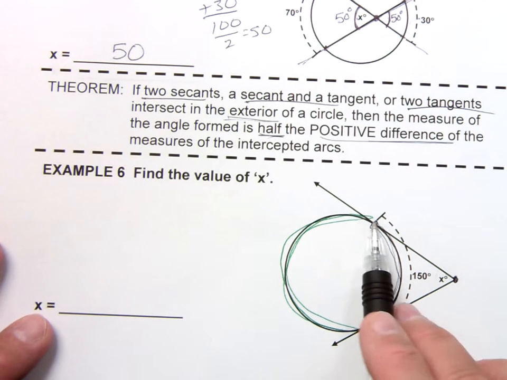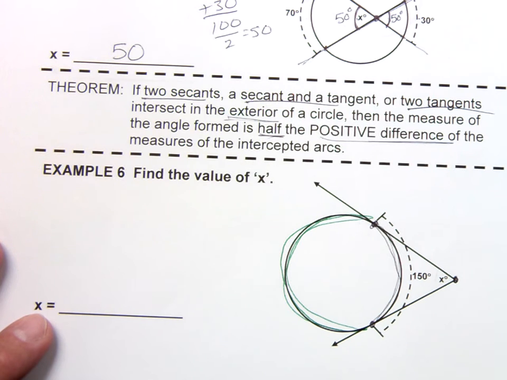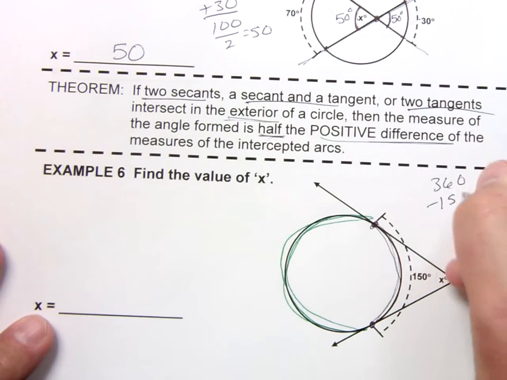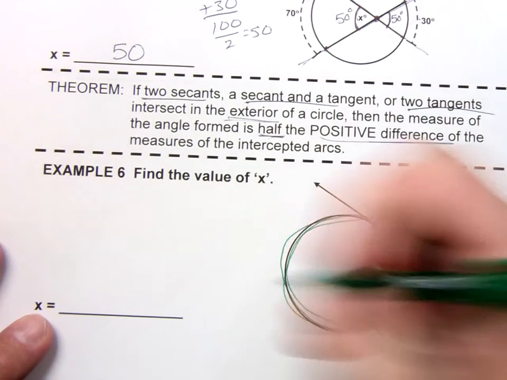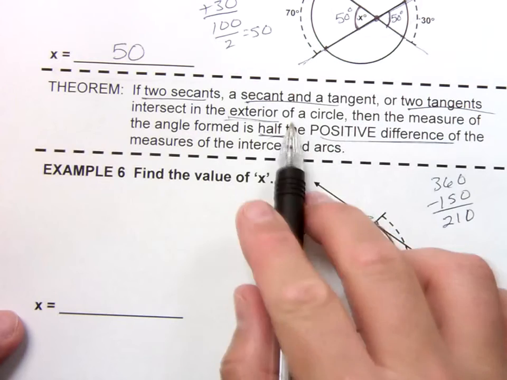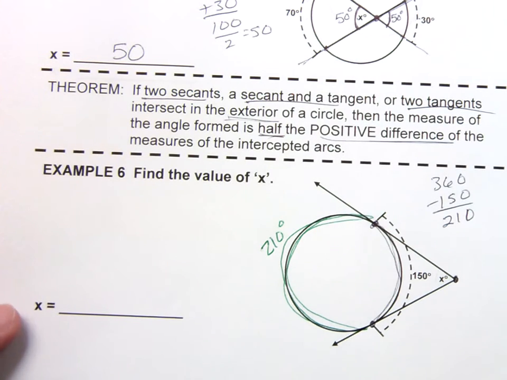So first off, there are 360 degrees in a full circle. This circle has been split into two parts. Those two parts should add up to 360. So 360 minus 150 is 210. So I know that this green arc right here is 210 degrees. Well, this angle is half the difference between these two. Difference implies that we subtract.